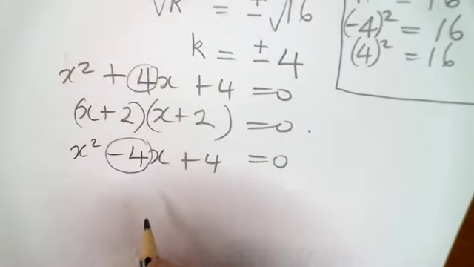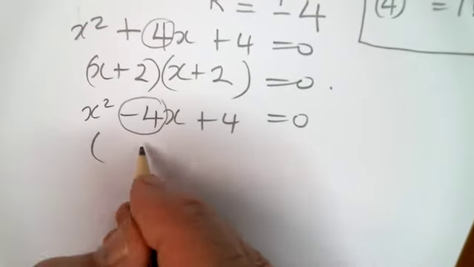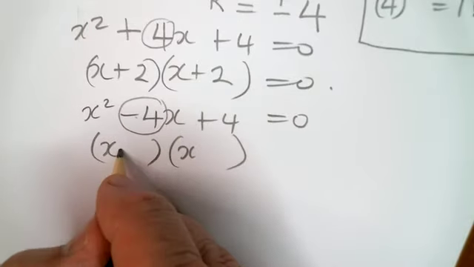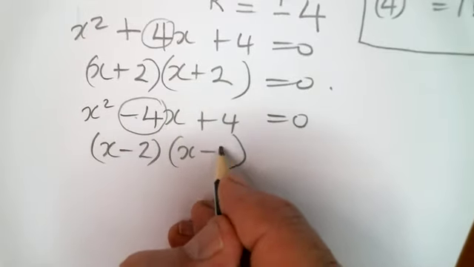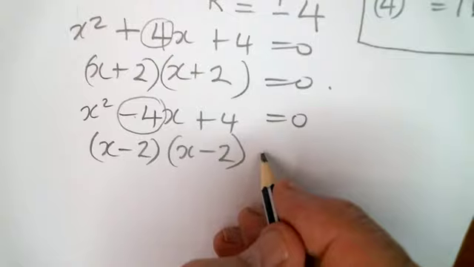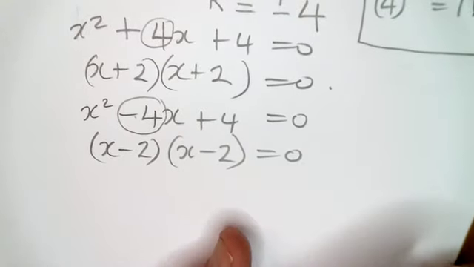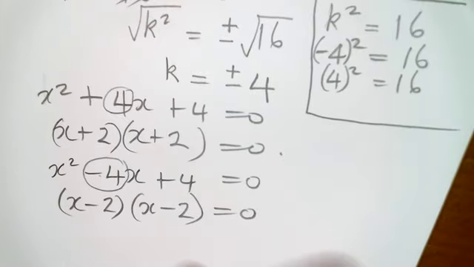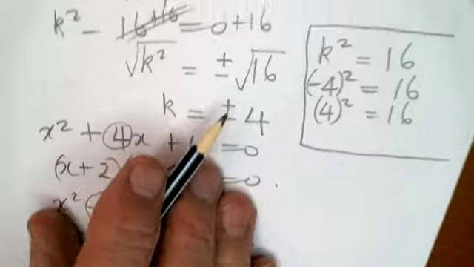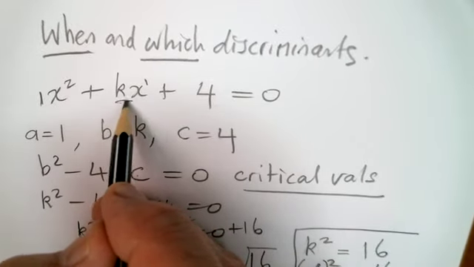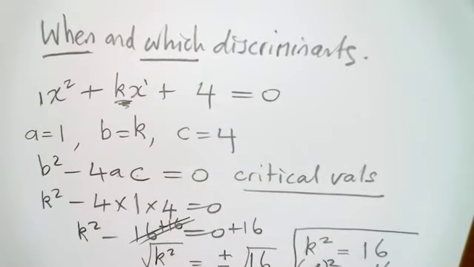In this case, it's going to be an x and an x, signs are the same, both negative, and I've got a negative 2 and a negative 2. And again, that makes it true. So the k determines the potential range of things that make this equation true. And that's the purpose of when to use a discriminant.